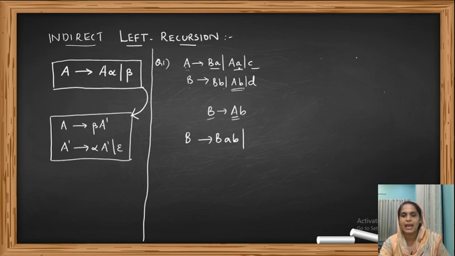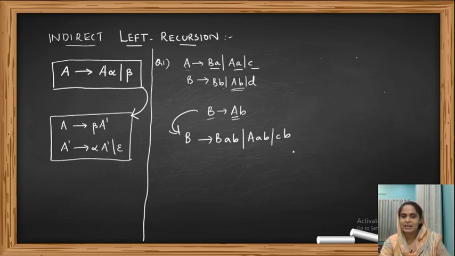The second term is AA, so AAB, and the third term is just C, so CB. So B produces AB becomes B produces BAB | AAB | CB.